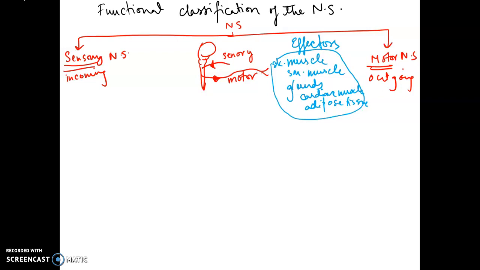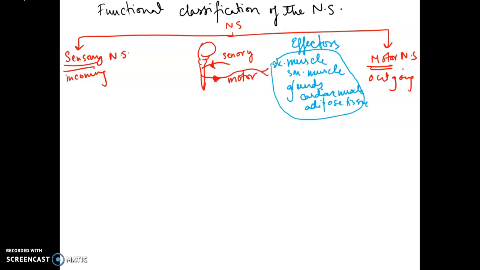Let's say your sweat gland is secreting sweat based on the command that's coming from your brain. Your brain is giving a command to your sweat glands to sweat out. So you sweat out. Okay, so these are the effectors in blue. And remember, your central nervous system, brain and spinal cord, those are the decision makers. Okay, so do we understand sensory and motor here?